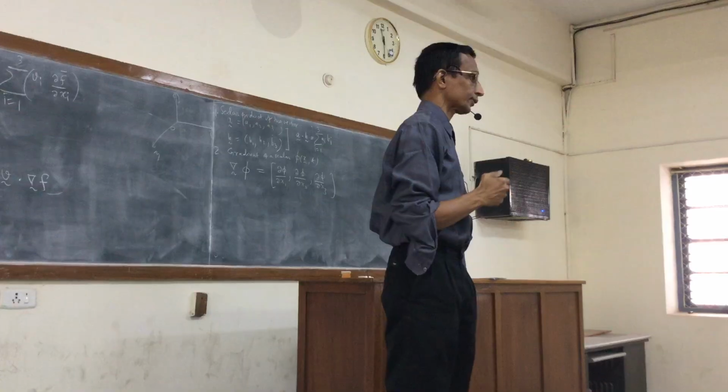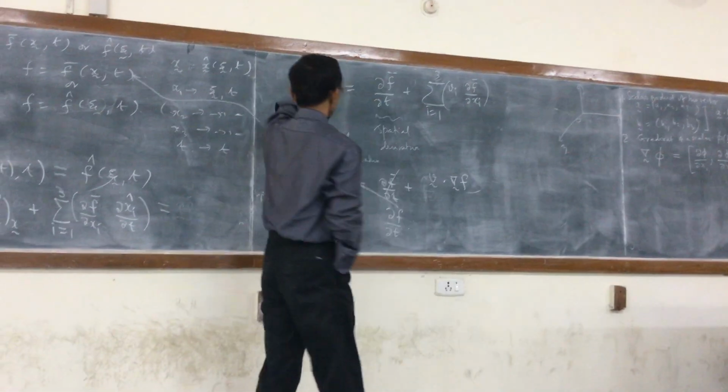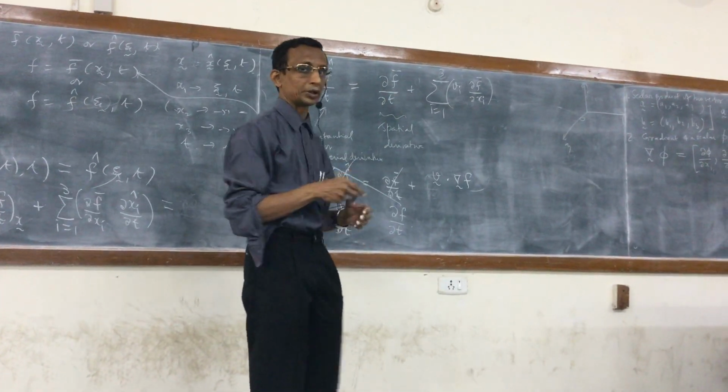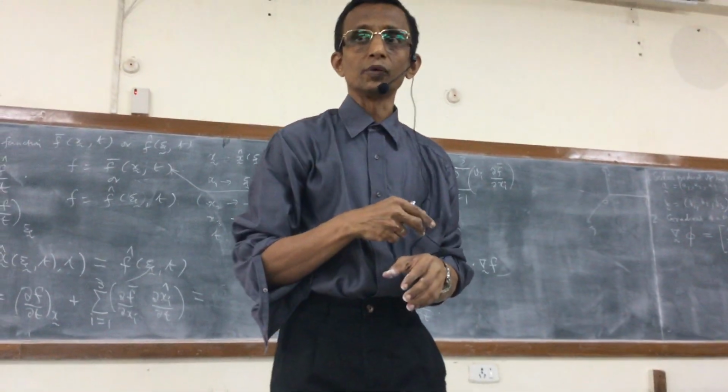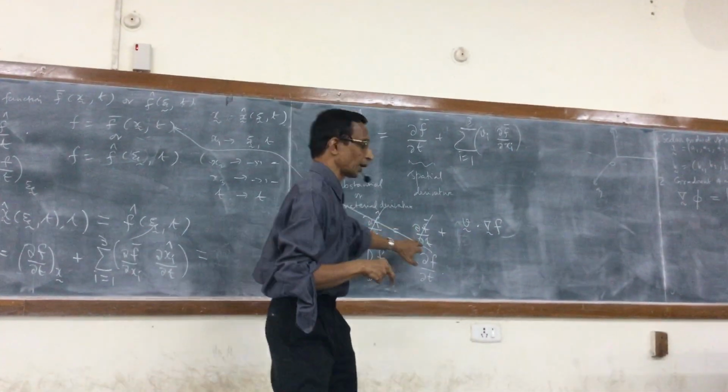It's automatically understood. What you have to understand is that both are partial derivatives. This is not some new mathematical operation that we have introduced in fluid mechanics. It's as much a partial derivative as this partial derivative.